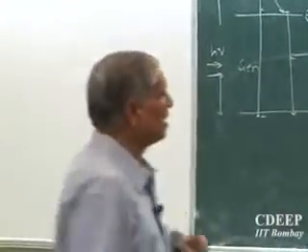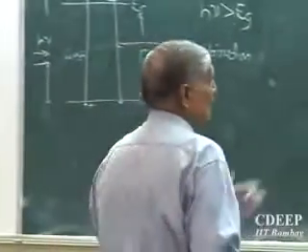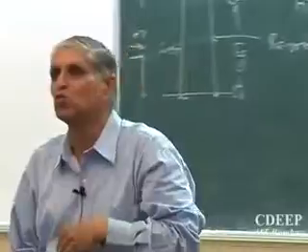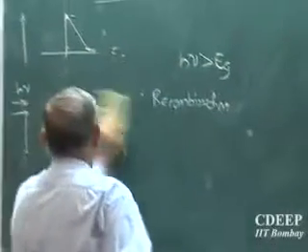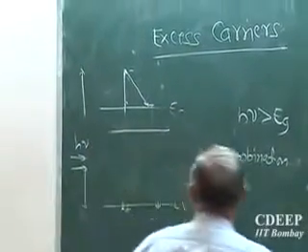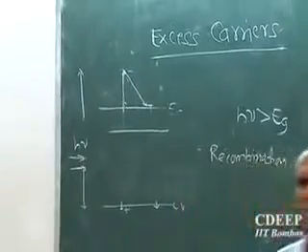So what we say, if such materials are to be converted into pseudo-direct band gap materials, from an indirect band gap material, by making some compound semiconductors or adding something, here is the theory which I am interested in. Let us say I have an energy level in the band gap.